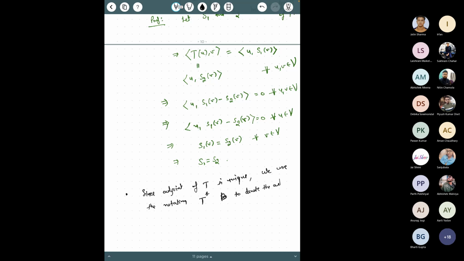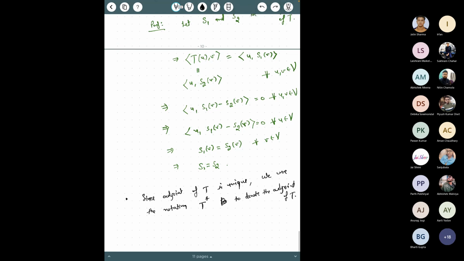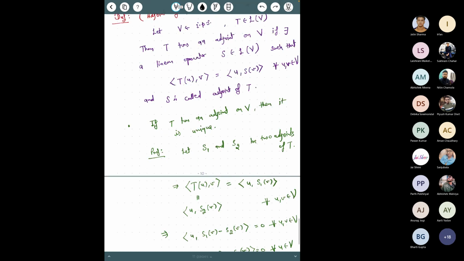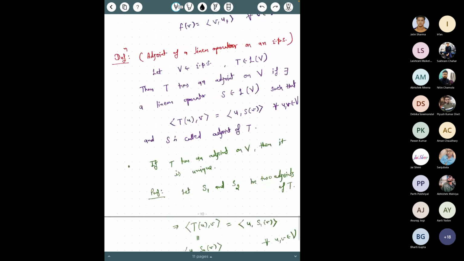Okay. So what you can see here, can you tell me what things the adjoint of an operator depends on? Just look at the definition of adjoint.